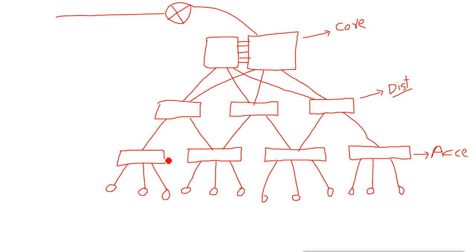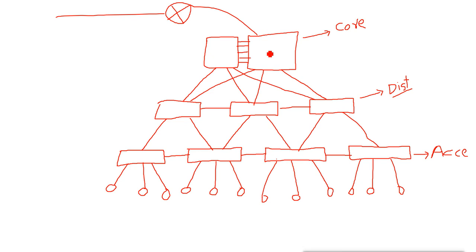We can even join these switches directly, with more redundant links, so that if any link goes down, they can still reach the other network or other machine by using the other redundant link.